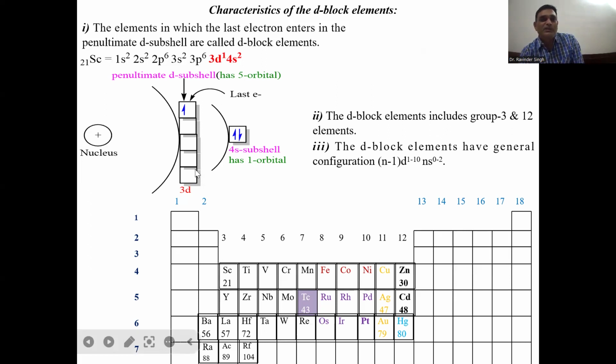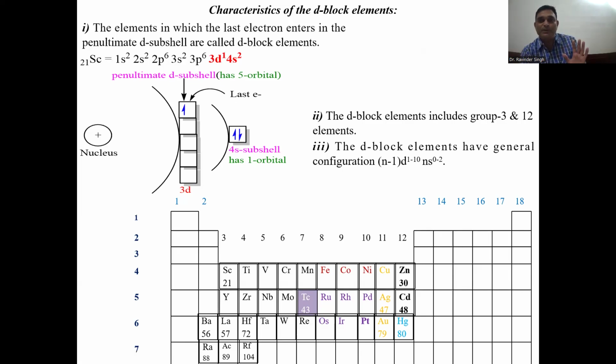Just increase one shell. In the first transition series, the valence configuration of scandium is 3d1 4s2. Yttrium is present below scandium, so as the configuration of scandium is 3d1 4s2, the configuration of yttrium is 4d1 5s2.